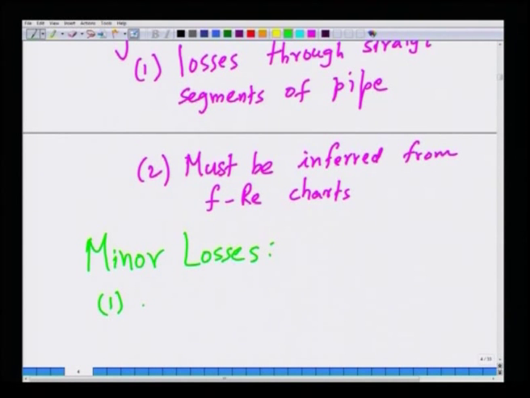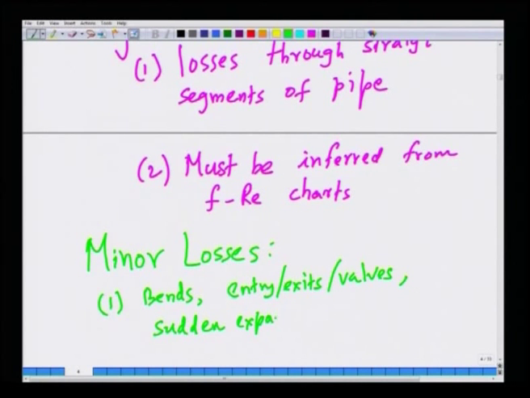The minor losses typically include bends, entry, exit, valves, sudden expansion, contraction, and so on. So, there are various reasons why there could be minor losses in a problem. So, these minor losses have to be calculated by correlations.